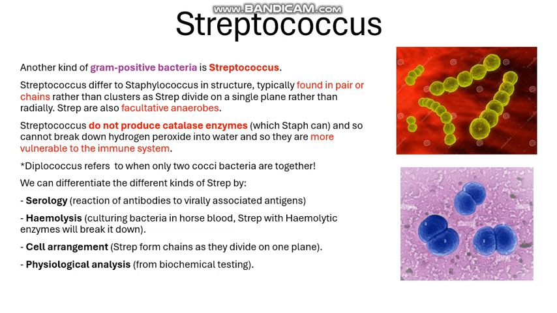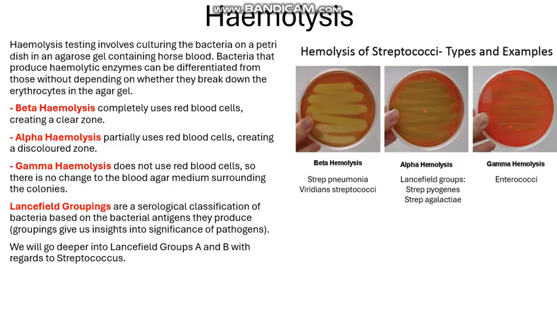Another way we identify strep is under the microscope through cell arrangement. Like we talked about before, streptococci divide on a single plane, forming these chains. We also undergo physiological analysis from biological testing.